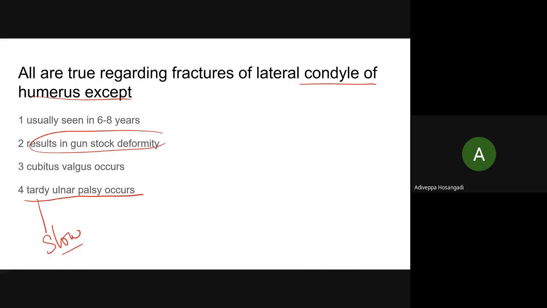The progress is very slow. Ulnar nerve palsy happens, but it is slow. It can be slow or it can be late. Tardy, you remember this. As the cubitus valgus goes on increasing, you develop the ulnar nerve palsy. A late onset or slow onset ulnar nerve palsy is seen in lateral condyle fracture.